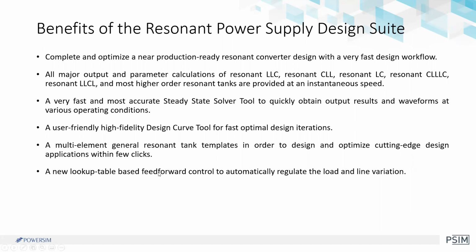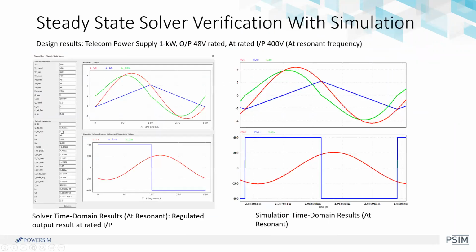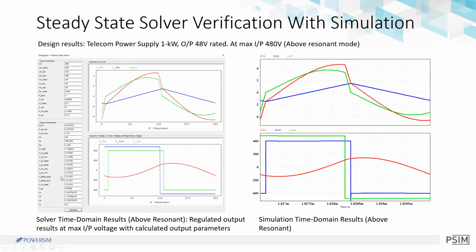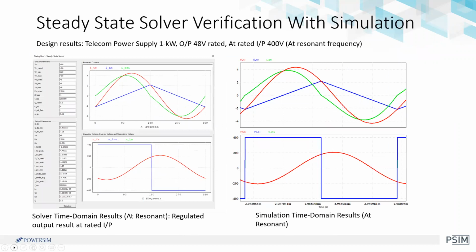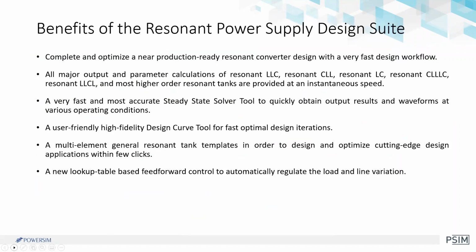So for that, we are providing this lookup table, and actually the whole design suite, to give you precisely what frequency you need. You've seen how precisely we calculated all these things in the different examples. So yes, all these benefits are there.